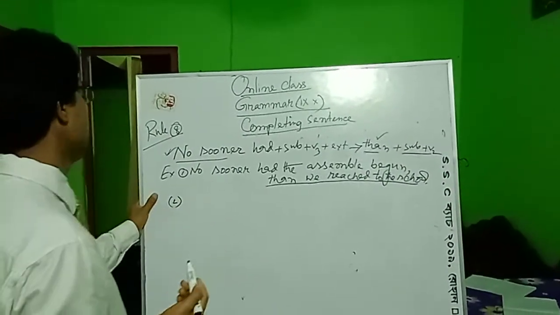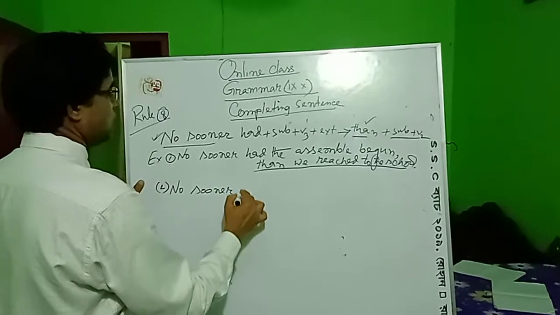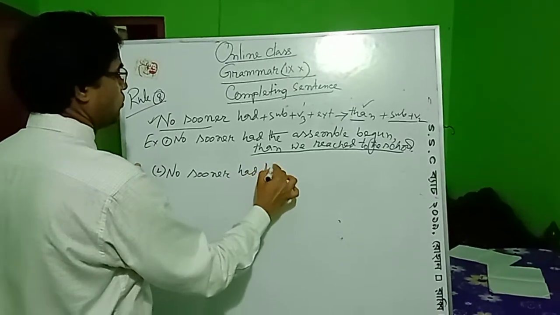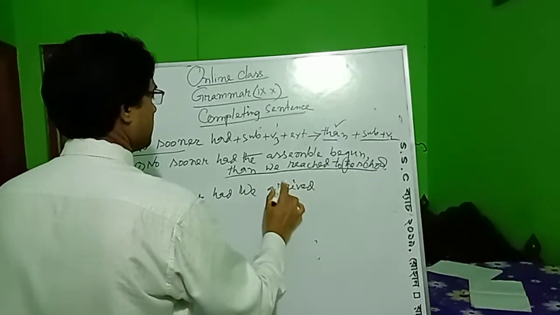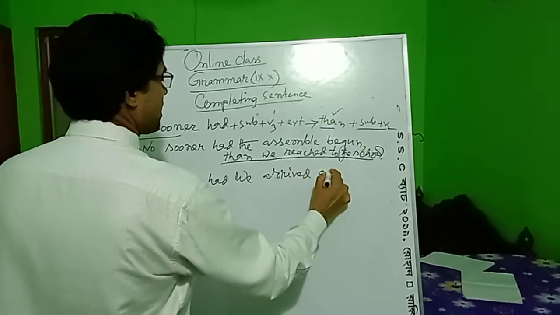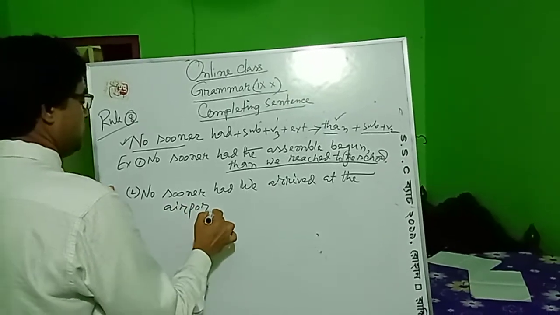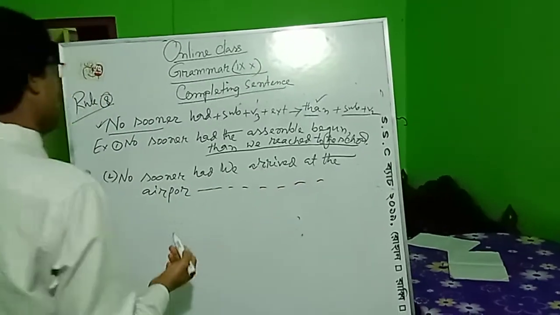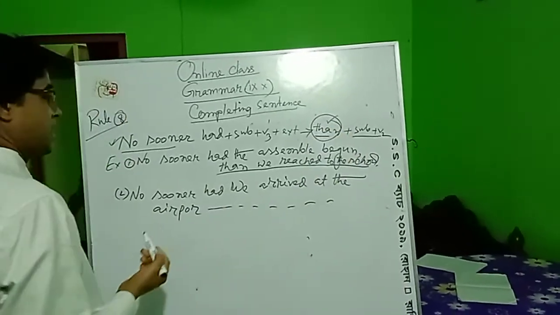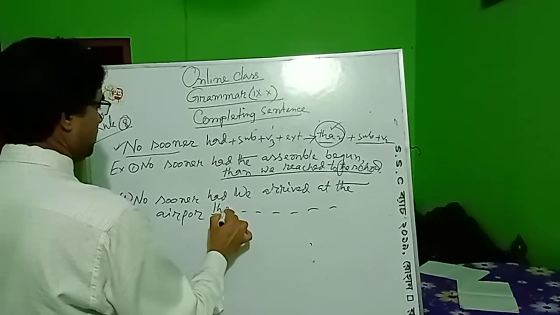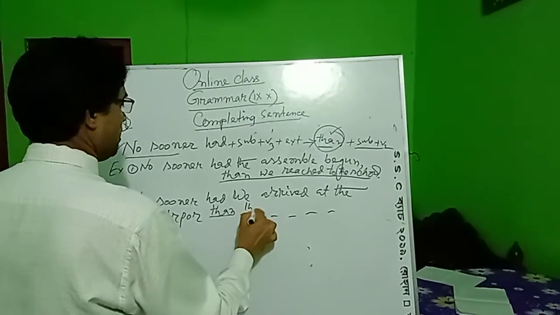Okay, let's see another example. No sooner had we arrived at the airport. If we want to complete this sentence, we will use then according to our structure that I have already told. Then the plane.